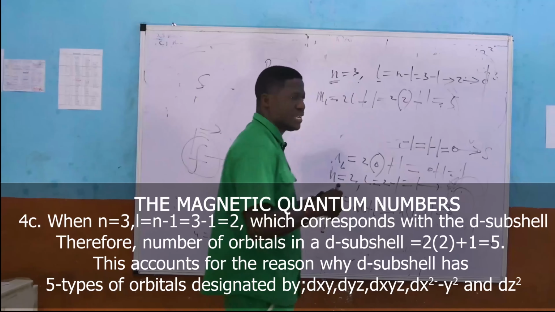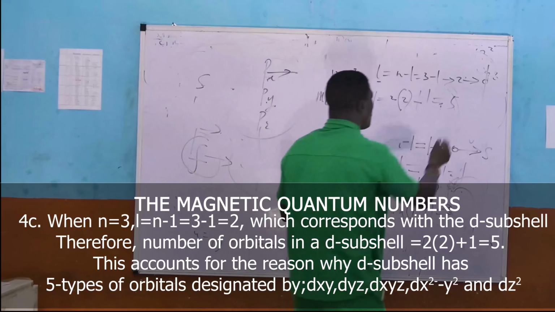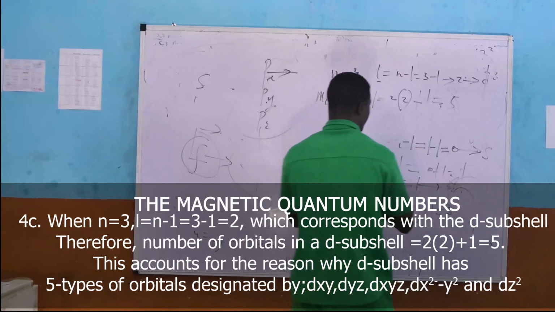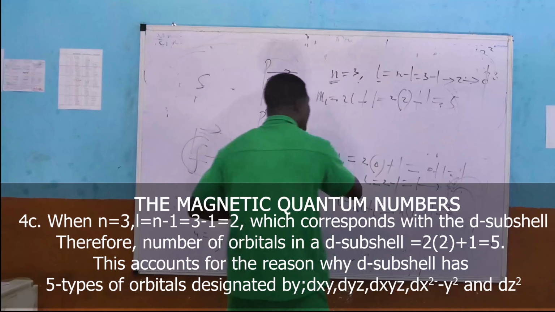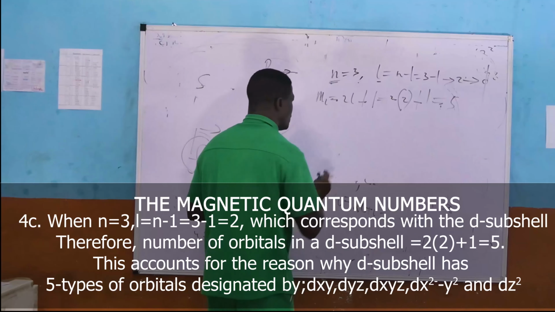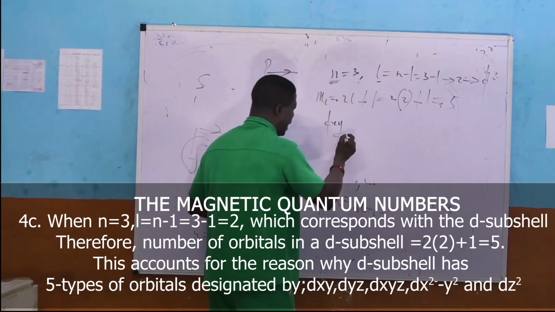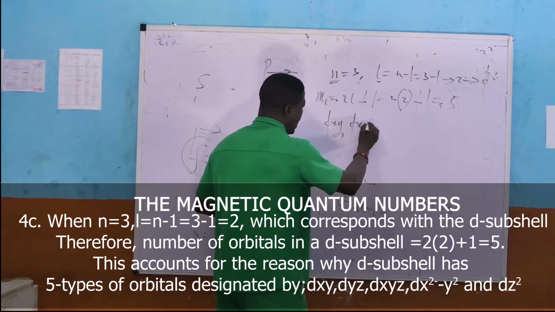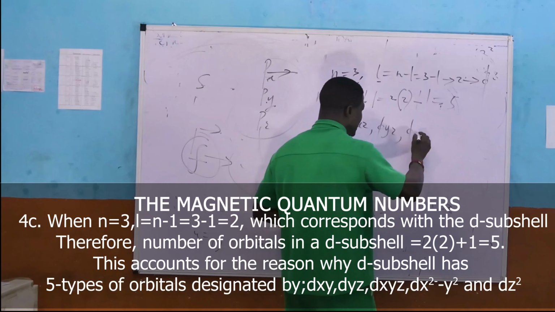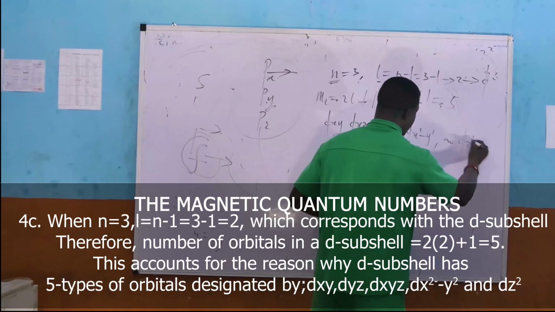Meaning that inside of the D subshell, there are 5 additional subshells. In other words, the D atomic orbital is divided into 5 types, which are called dxy, dxz, dyz, dx squared minus y squared, and of course dz squared.